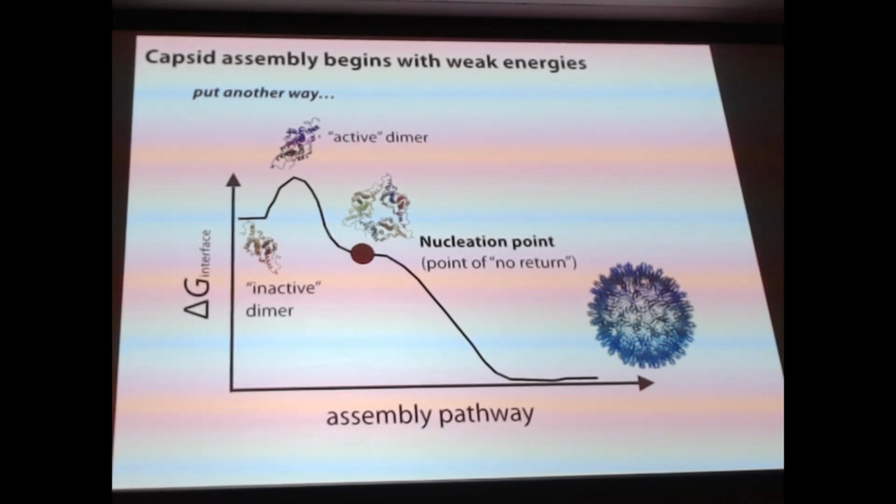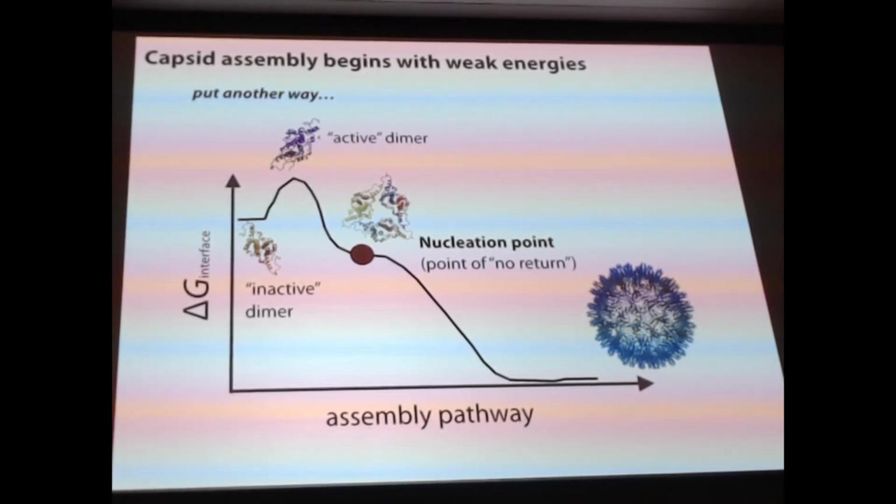It explores conformational space in solution, and occasionally it happens upon a quote-unquote active form, where it can then bind to others more easily, forming the hexamer. And once it forms that, it's locked in, and then it's much easier for others to assemble on top of that nucleation point.